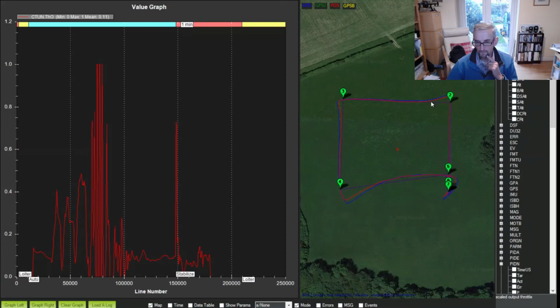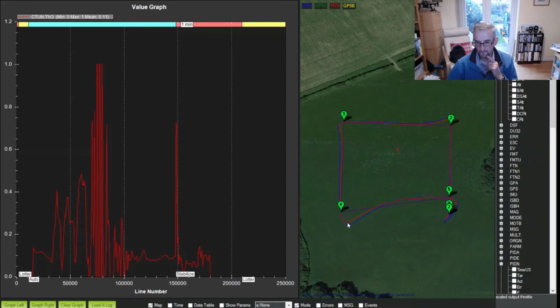Not too bad, not too bad, really quite bad, and then kind of all over the shop here. You can also see the throttle, which I've just graphed here. The throttle goes to maximum along these four legs, which is kind of what you want. You want maximum thrust if possible.